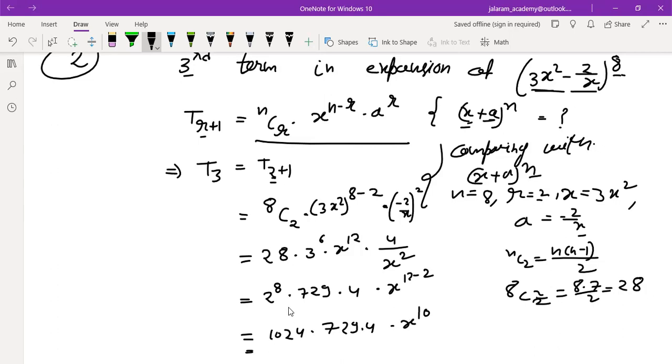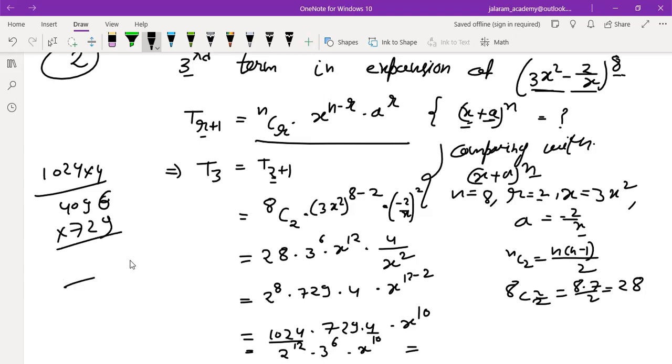So you can write the answer in two forms. First, if you write in powers of 2 and 3, it is 2 to the power 10 plus 2, 12, into 3 to the power 6 into x to the power 10. And if you work on their values, as these values are not too large, we can work on the values also: 1024 into 4, 4096, into 729.